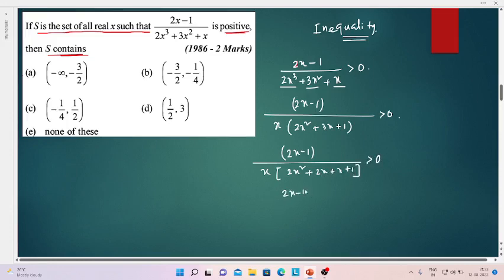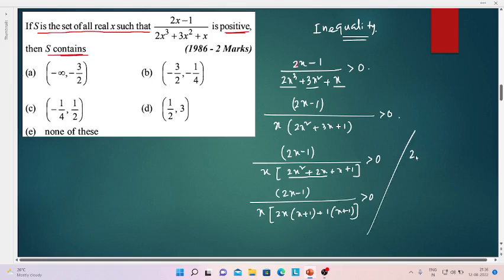So we will have 2x minus 1 upon x times, we can take common 2x from these two relation. So after taking common 2x, we will have x plus 1, and we can take common 1 from this relation. So we will have x plus 1, right? Greater than 0. So we will have 2x minus 1 upon x times x plus 1 times 2x plus 1, right?